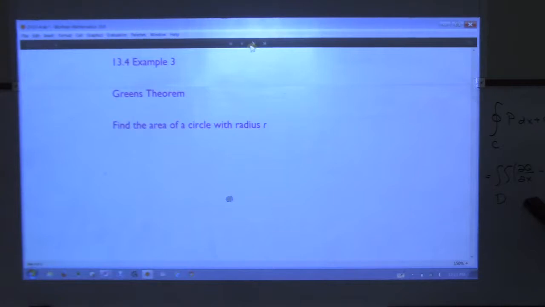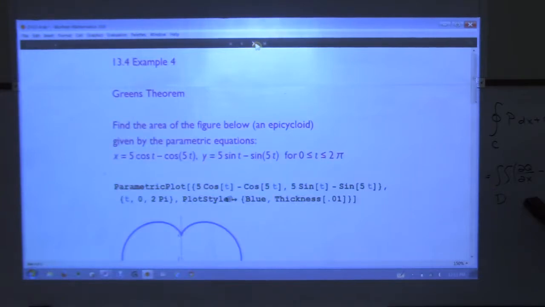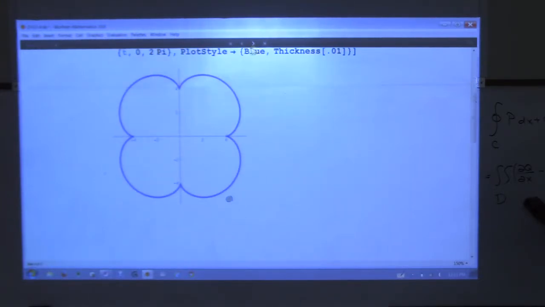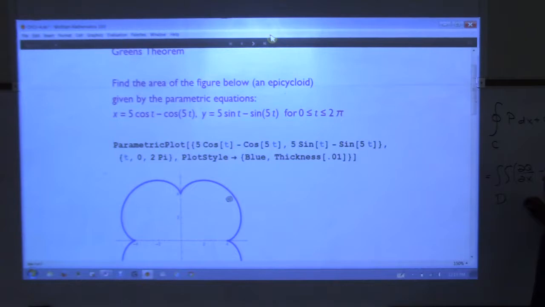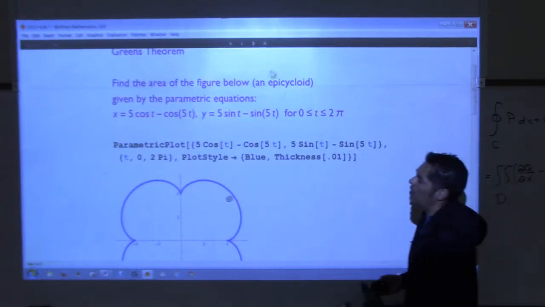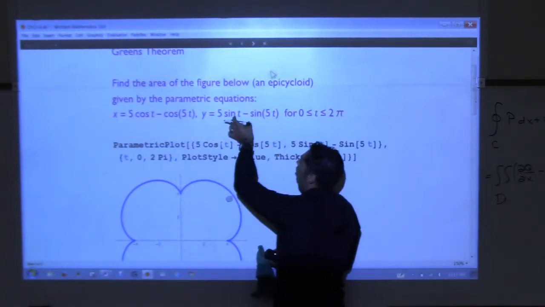But something like this, a little more complicated. What's the area of this region enclosed by this curve? Strange, huh? Strange shape? So what we're going to give you here is the actual parametric equations that draw this thing.